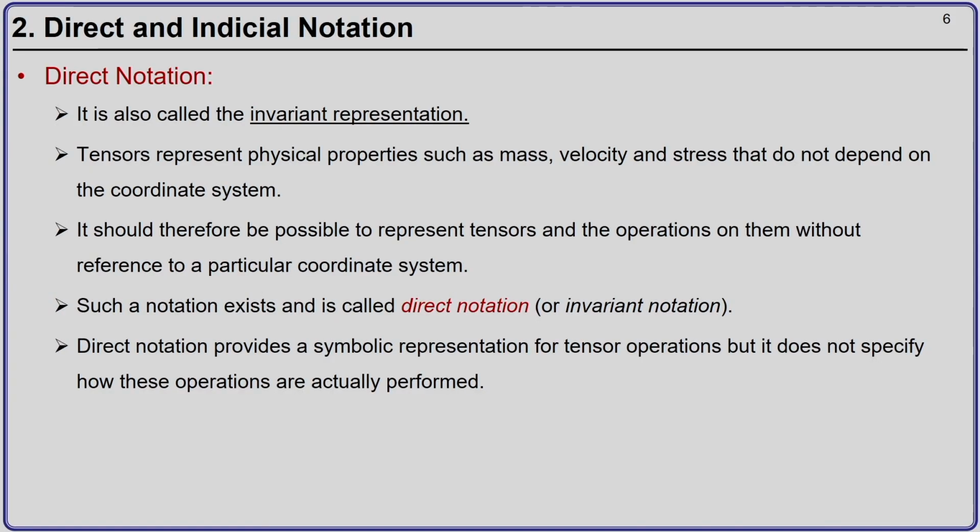Before we discuss more, we will try to see what is meant by direct notation and indicial notation. First we look into direct notation, which is also called the invariant notation. It is important to point out here that tensors are physical quantities. They represent physical quantities like mass, velocity, stresses.